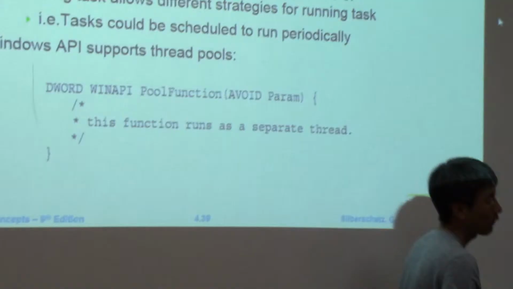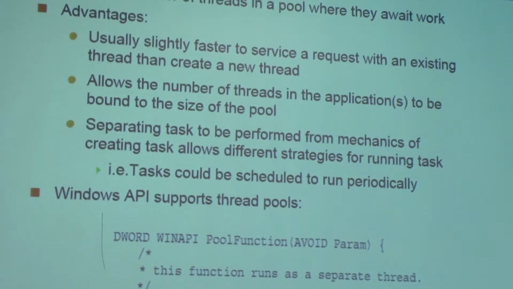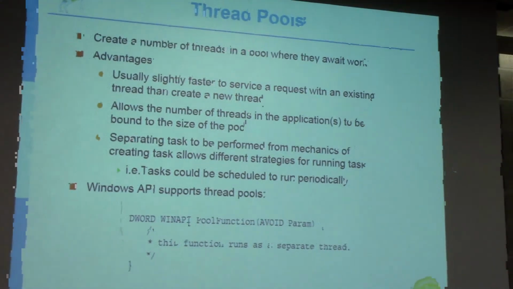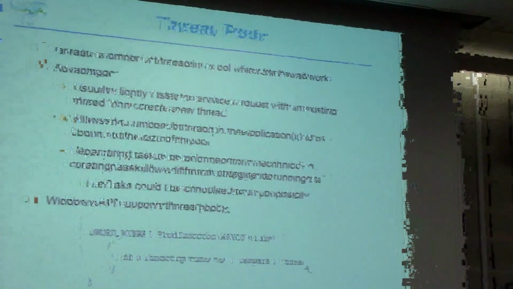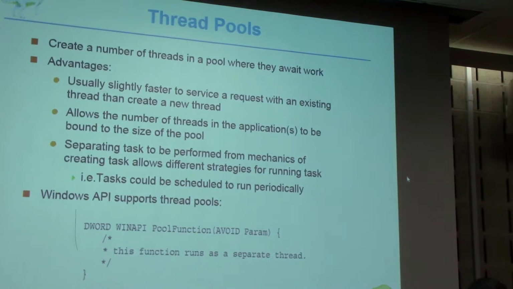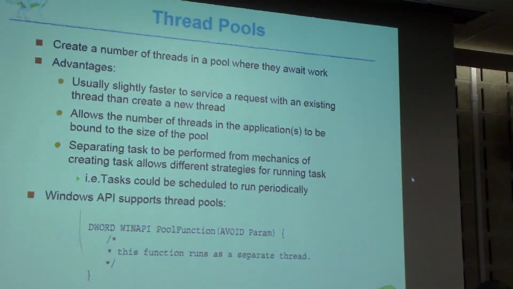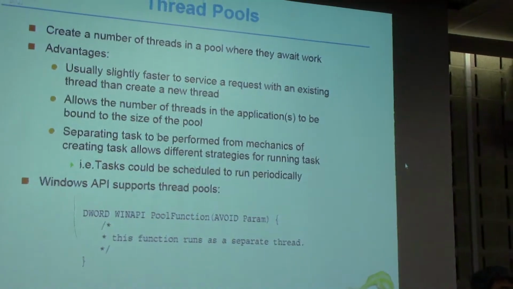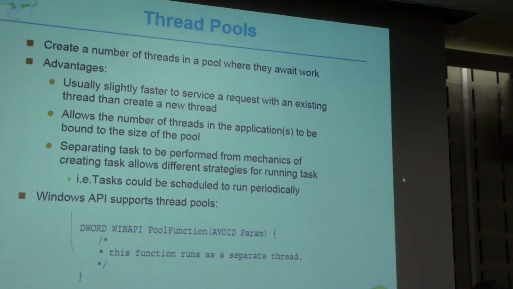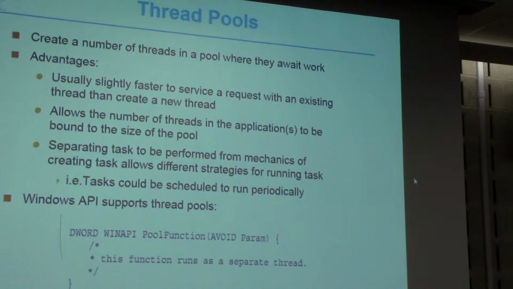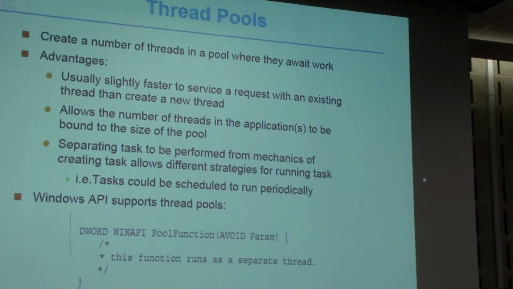It's nothing but a way to reduce the creation time for better performance. Definitely this is slightly faster, not drastically faster, than creating a new thread. Also, you can specify the maximum number of available threads, so the user application utilizes up to a given number of threads.